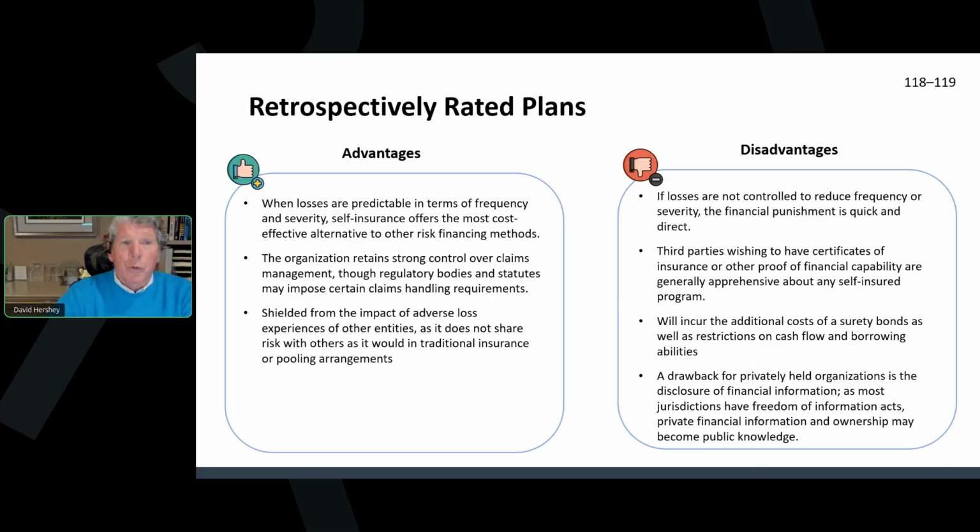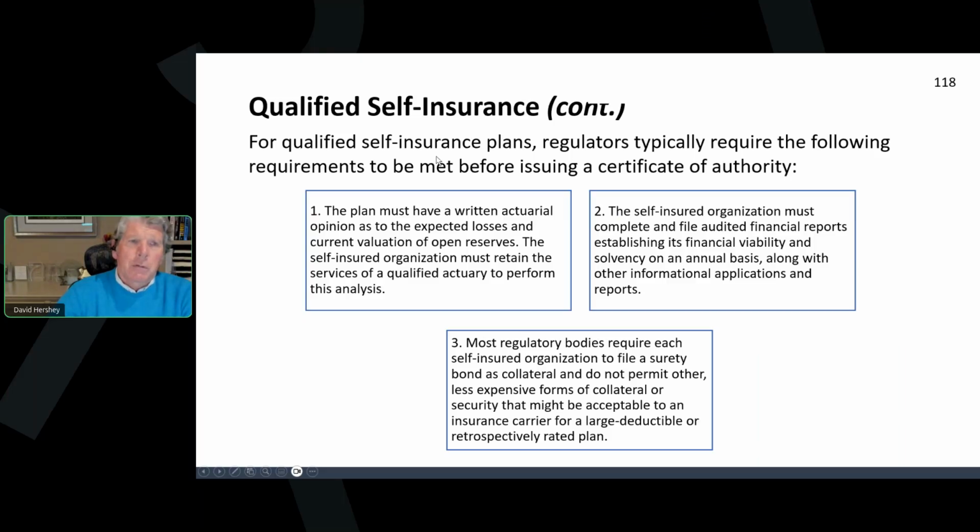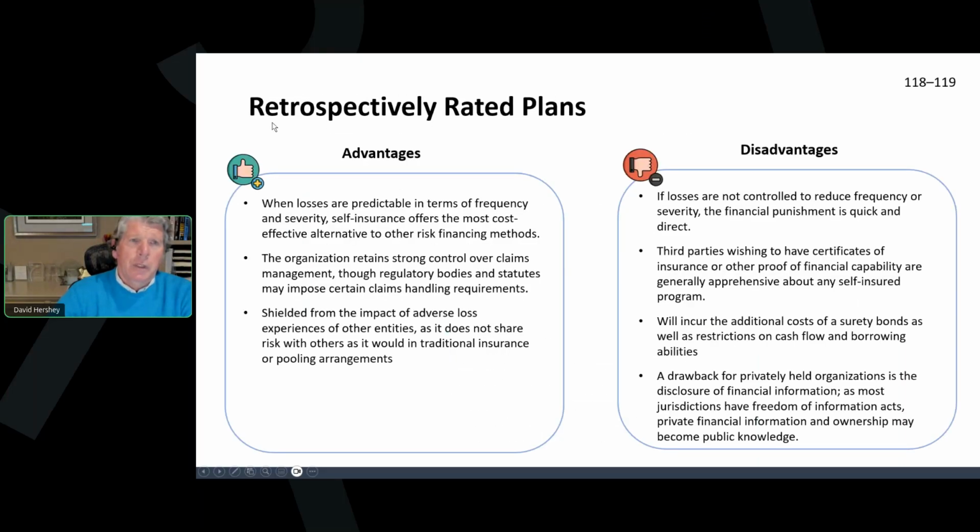Pros and cons. I think you definitely want to know the pros and cons of self-insurance plans. There might be a little typo on the slide. The organization retains strong control over claims, losses are predictable, and it is shielded from the impact of adverse loss experiences of other entities.